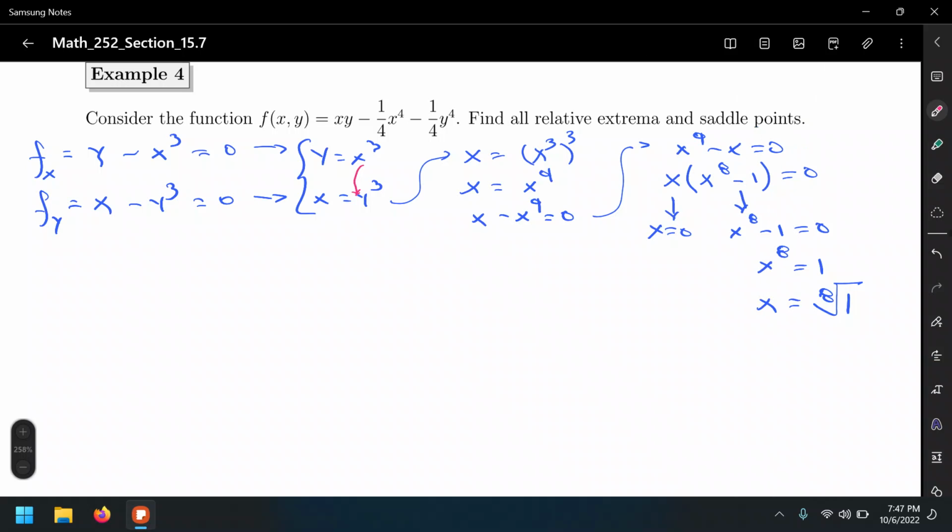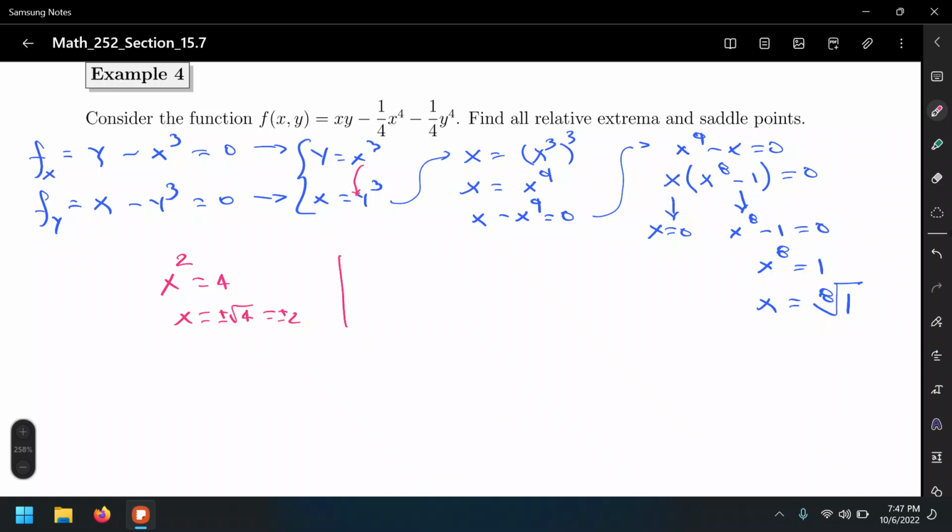Whenever we have an equation like x squared equals 4, that means x equals plus or minus root of 4, which is plus or minus 2. That's when the power is even.